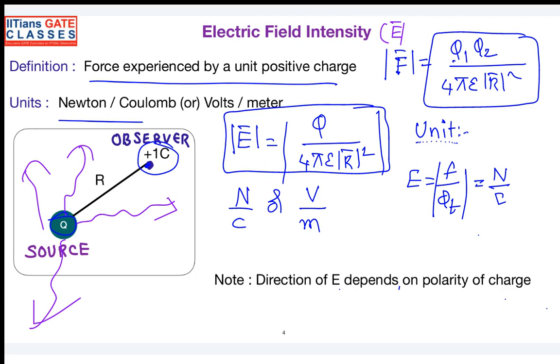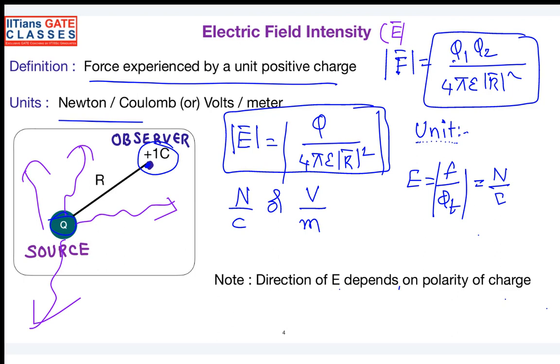So here what you need to understand was, wherever the original charge is located, that position I was considering as a position of the source. So when I say the source, it means the position where the original charge is located. And there is one more terminology I have given, an observer. Observer is the position where you are finding the electric field intensity, right? Is the difference clear?